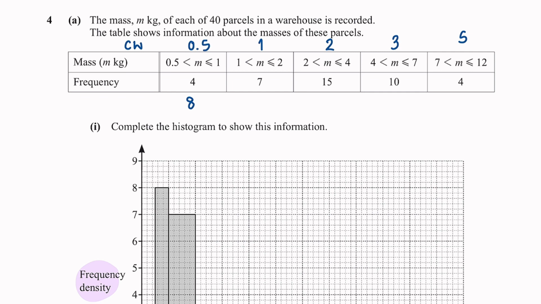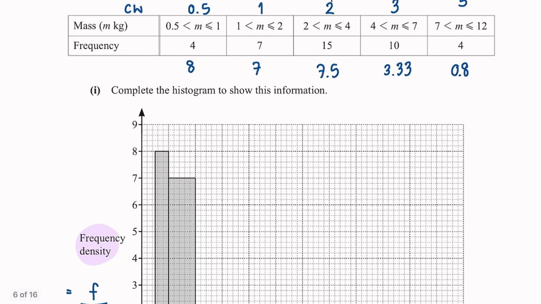For this, 7 over 1 equals 7. 15 over 2 is 7.5. 10 over 3 is 3.33. 4 over 5 is 0.8. And then complete the histogram.